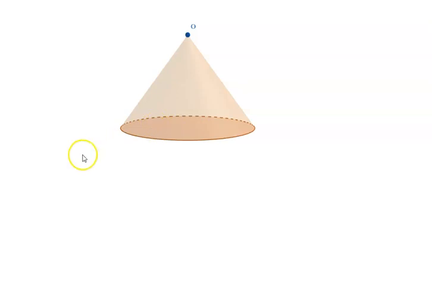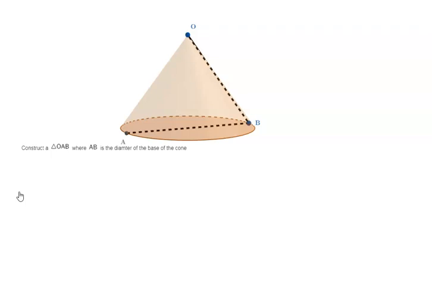So let's understand this. Construct a triangle OAB, where AB is the diameter of the cone. A, B, and let's join AB, OA, and OB. So this is a triangle which is through the axis, because AB is the diameter.